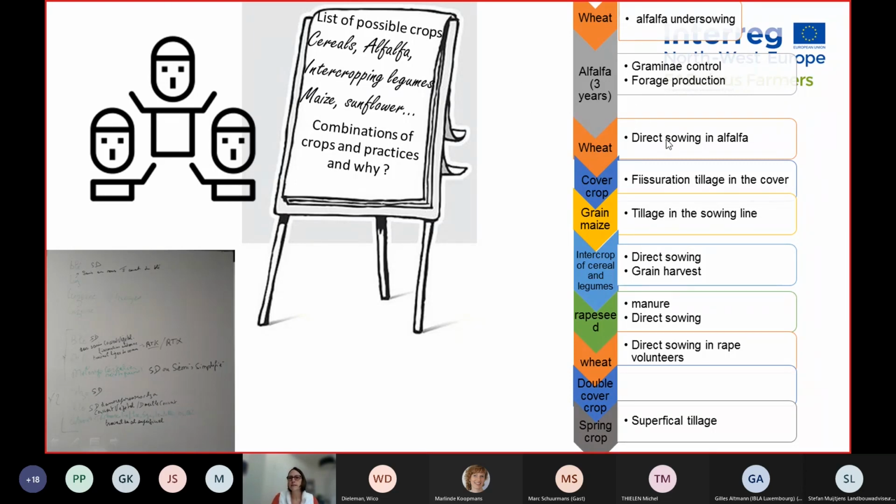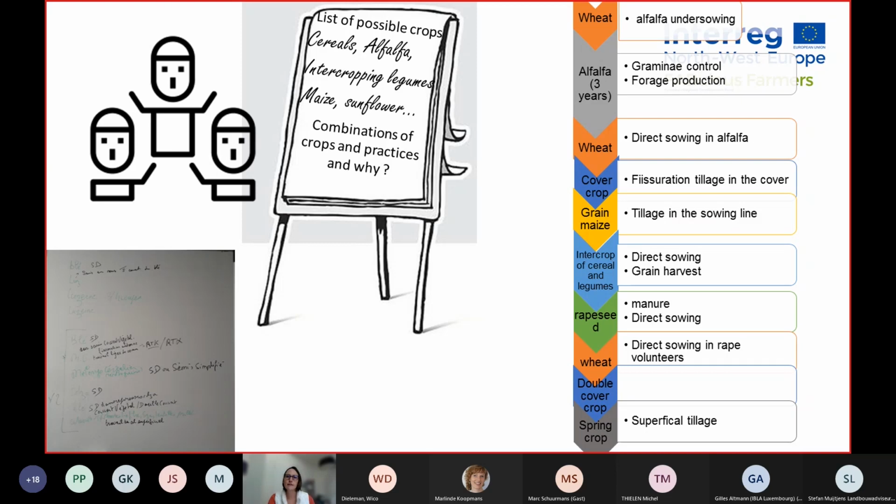They also detailed the tillage or no tillage regarding the different crops, and they introduced the double cover crop, first a summer cover crop and then a winter one, to improve the soil cover during all the winter.